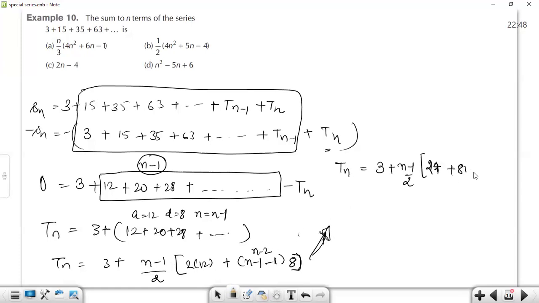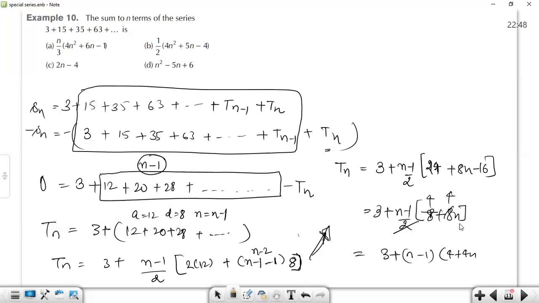So that becomes 8n minus 16. 3 plus n minus 1 divided by 2, 12 minus 16 becomes 8 plus 8n. 2 cancels 8 by 4, this 8 also by 4. That becomes 3 plus n minus 1 into 4 plus 4n. n was left here, right? So we can take 4 common. This becomes 1 plus n.